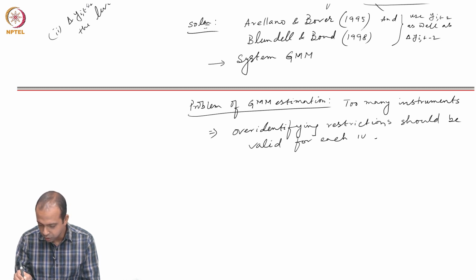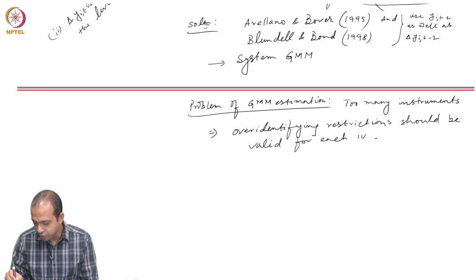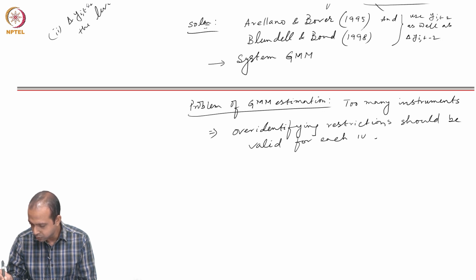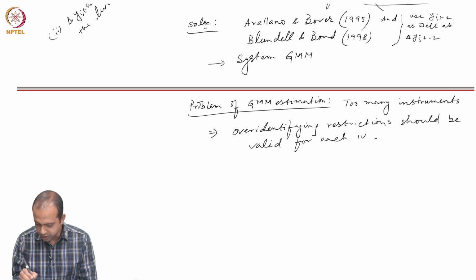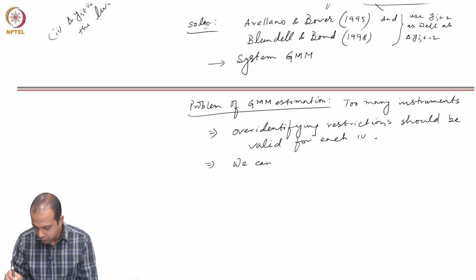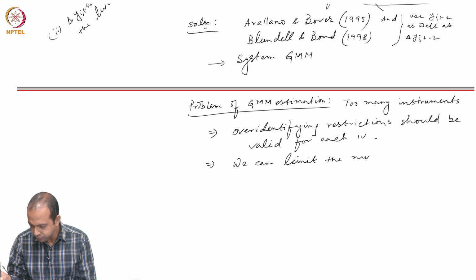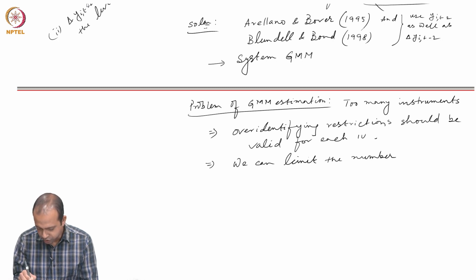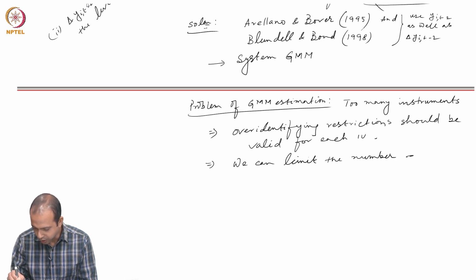So, that means we can limit the number of IVs by restricting the lag of Y(i,t-1) within the GMM style IV.